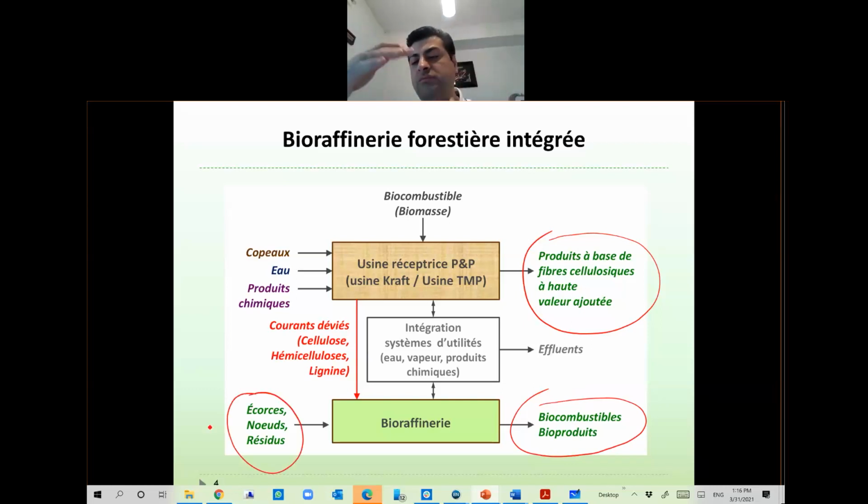So, in order to match these processes together, as I said before, you would like to make a good integration so that you can take advantage of water, vapor, and other streams between two companies, between two processes, so that the cost of the process at the end is minimum, and in terms of efficiency, it is efficient.